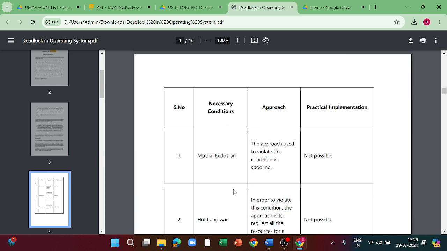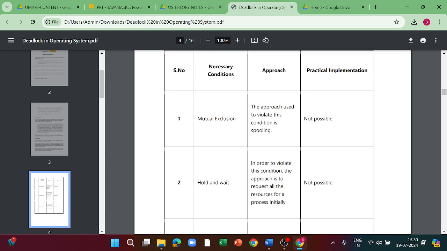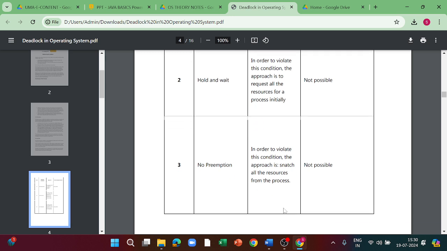And in general, for mutual exclusion, the practical implementation is not possible. Hold and wait is also not possible, because all the resources must be given to that process initially. No preemption is also not possible, because all the resources from a process must be taken and given to that specific running process.